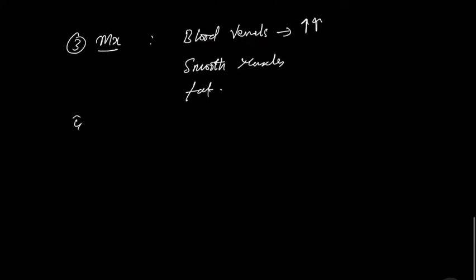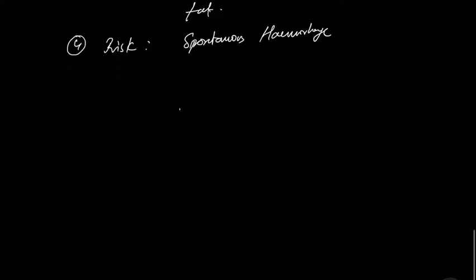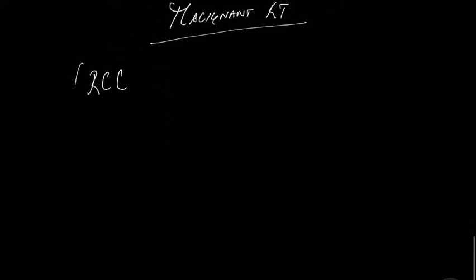Alright, the complication or risk for your angiomyolipoma is spontaneous hemorrhage. Alright, with that, we'll be finishing it with your benign tumors, and we'll be jumping to your malignant renal tumors, alright, which is your renal cell carcinoma.